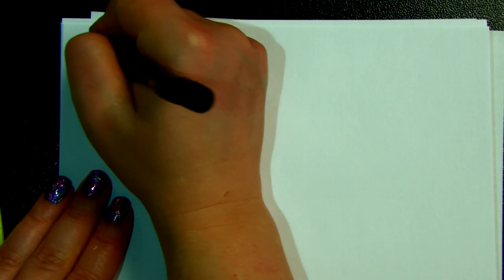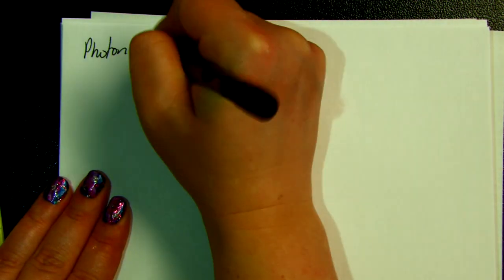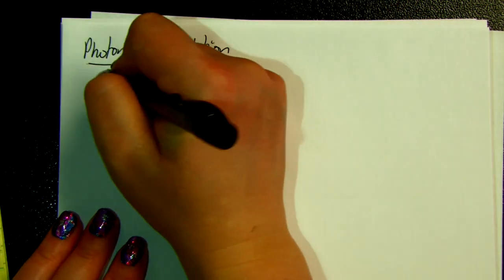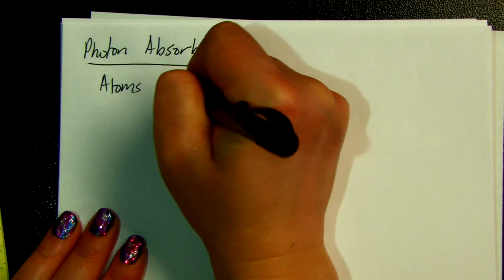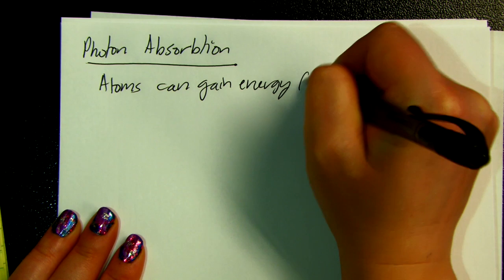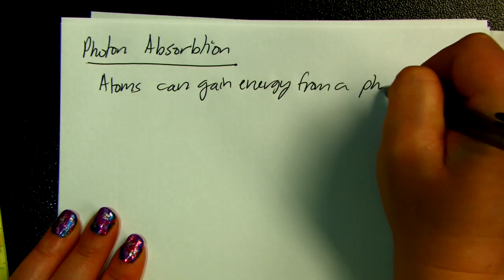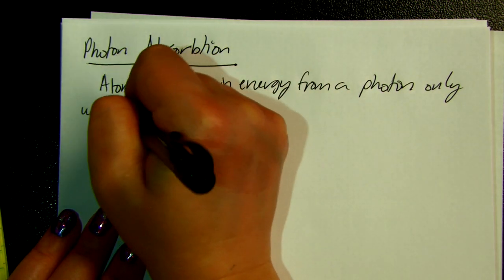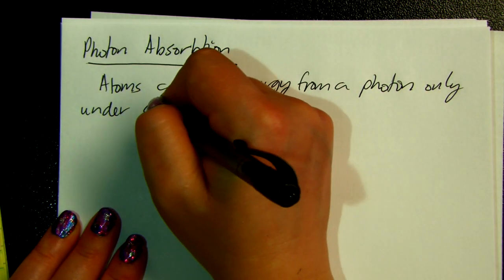Okay, so let's start off with photon absorption. Atoms can gain energy from a photon only under specific circumstances. And it has to be very specific.